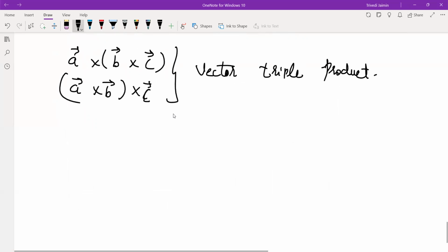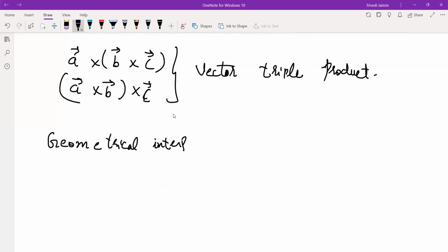Okay, so let's go with the geometrical interpretation of the scalar triple product.